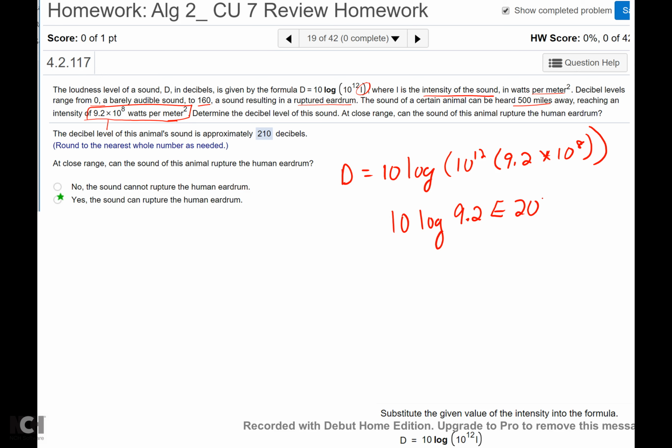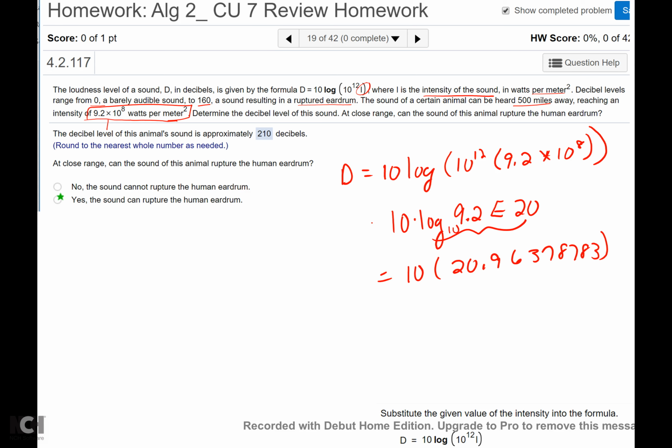Okay, so now I can use a calculator because this is log base 10 and the calculator understands that. So if I do log of my answer, I get 20.96378783.